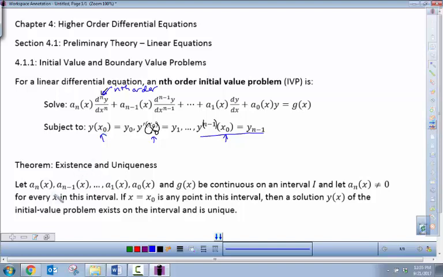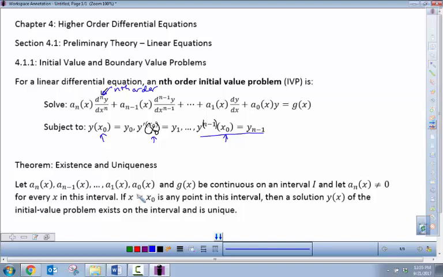The existence and uniqueness theorem tells us that if we have fairly nice functions that are multiplied by the derivatives of y, and they're continuous on some interval, and there's a point in this interval that will be your initial value, then you're guaranteed to have a solution.